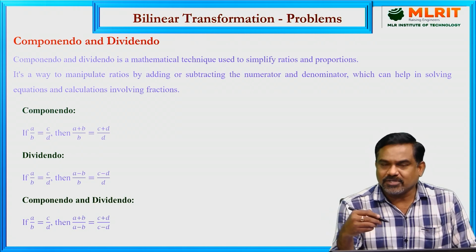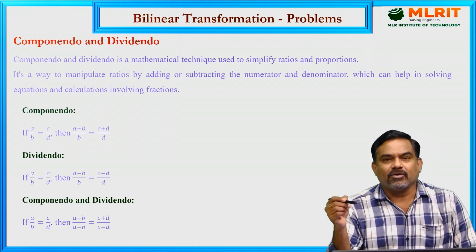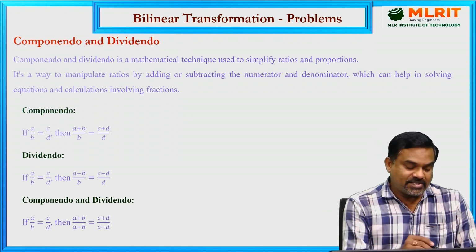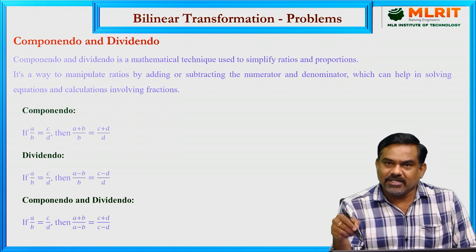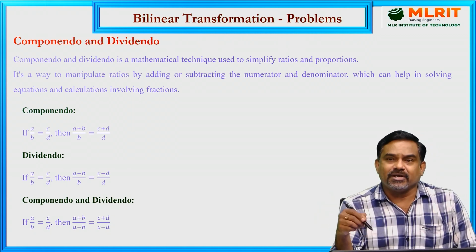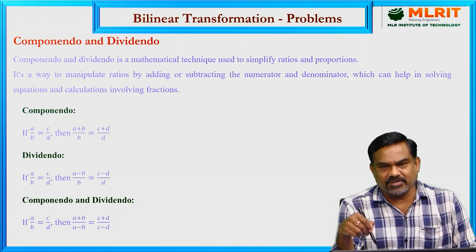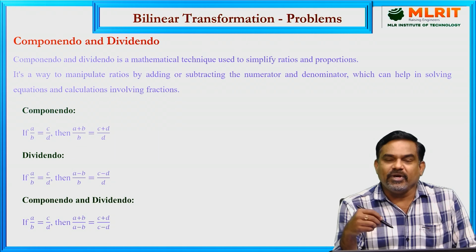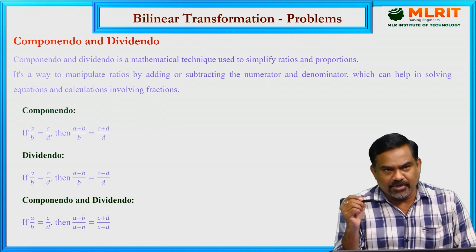If we have some ratio, to simplify it we can use this property. It is a way to manipulate ratios by adding or subtracting the numerator and denominator, which can help in solving equations and calculations involving fractions.